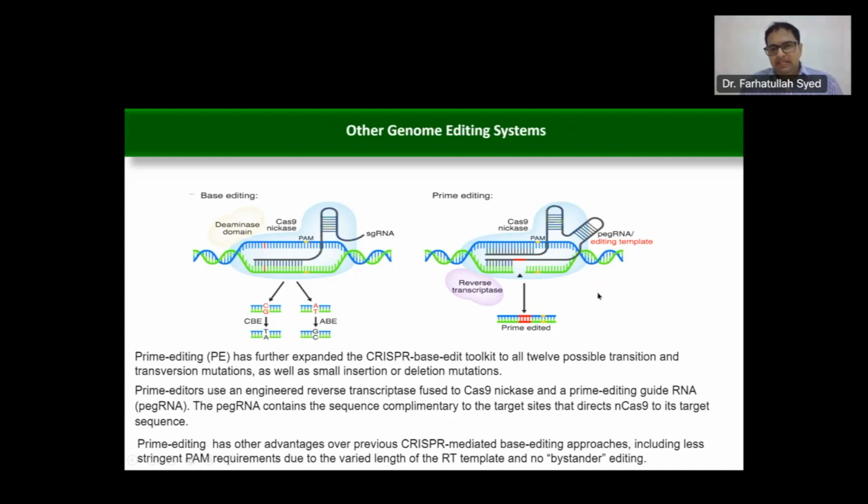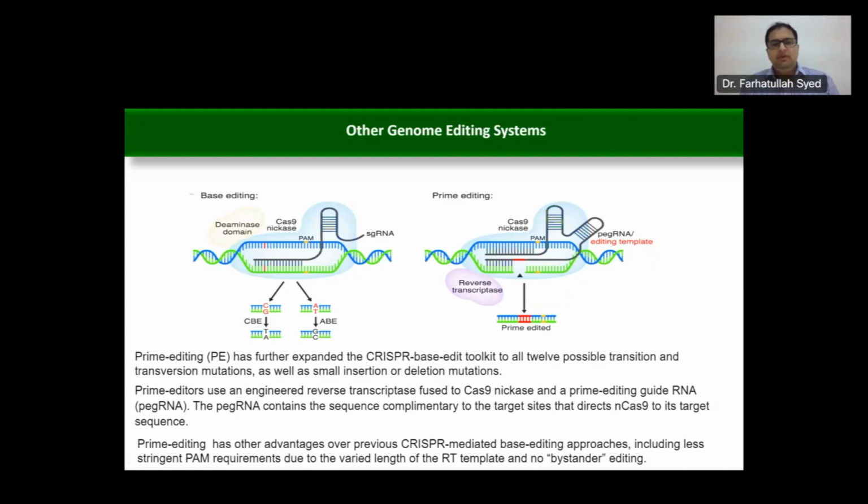It doesn't make a double-stranded break, but makes a precise nick where you want, and it will change the mutations to whatever you want to insert or delete from that place. This is one of the popular technologies.